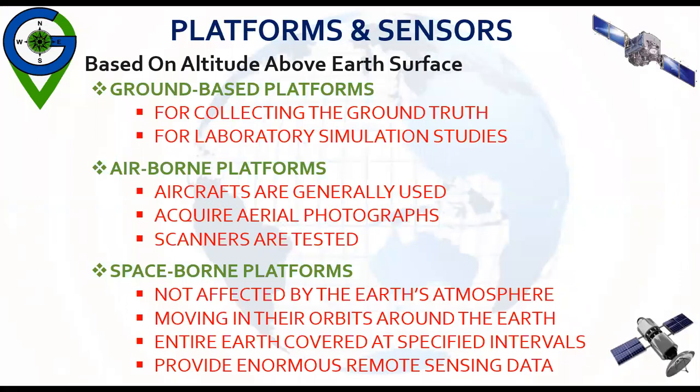So remote sensing is a complex technique and may vary based on the application and technological development. Considering technological development, for example, in the earlier days remote sensing was performed from balloons.